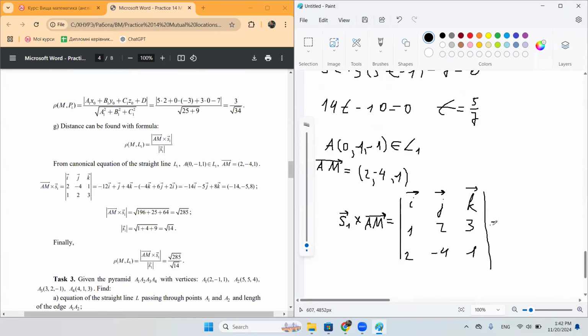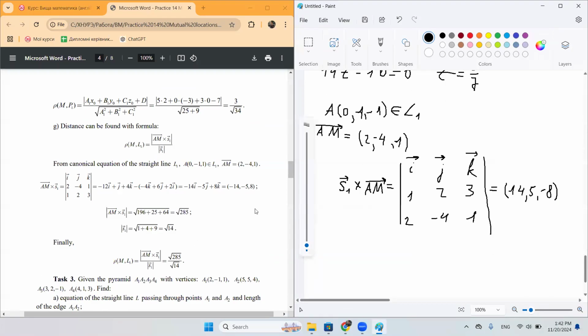In our case the order is inverse, so we have the other sign: 14, 5, minus 8. By the way, the magnitude won't change.